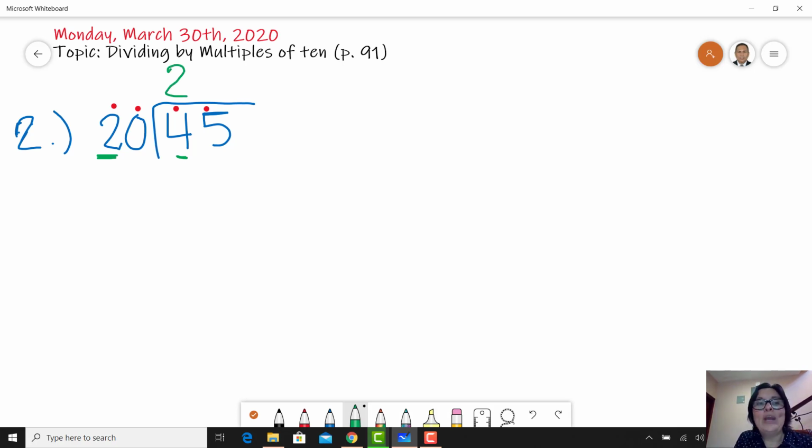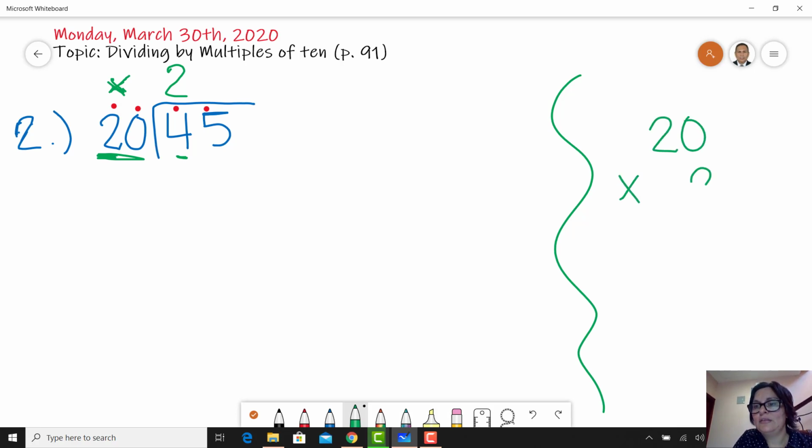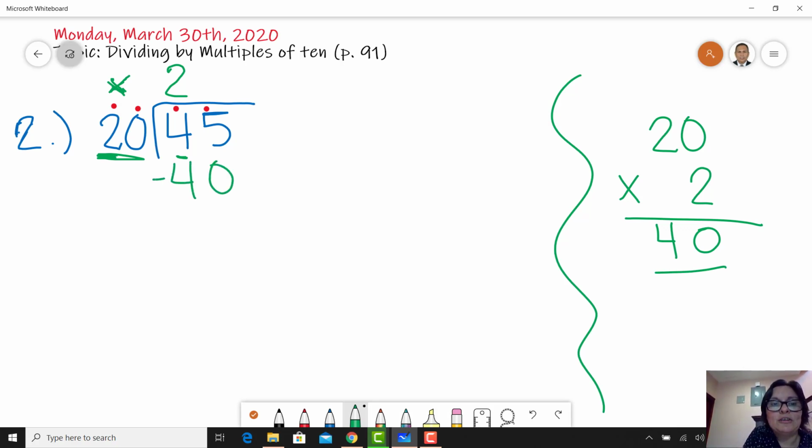But now we have to multiply 2 times 20. So let's do it apart. 20 times 2. 2 times 0, 0. And 2 times 2, 4. So we have 40 here, so we write 40. And then we subtract. Okay?